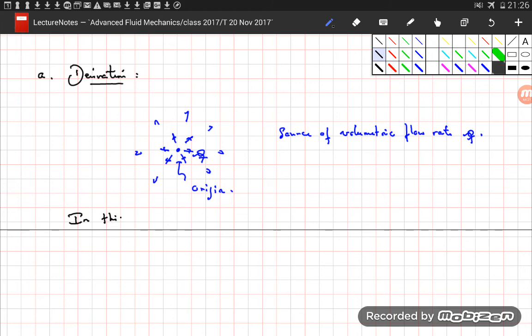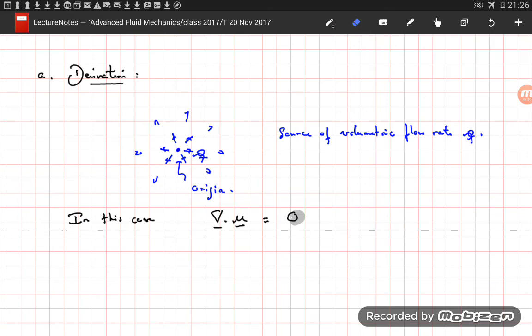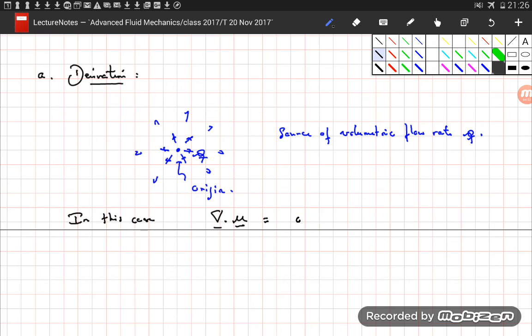If you think about the continuity equation, which is the mass conservation equation, we always expect the divergence of u to be equal to 0. But in that case, this is true everywhere except at the origin, because at the origin we create volume. So really what we have is that the divergence of u is equal to a delta function, which is equal to 0 everywhere except at r equals 0, times our volumetric flow rate Q of our source.